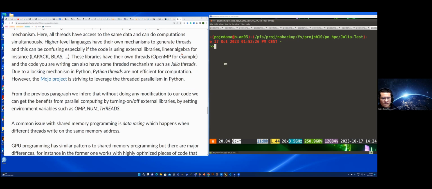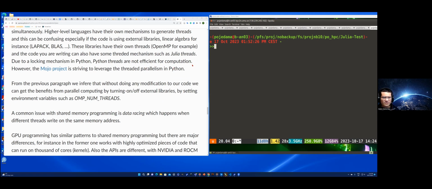I wrote here that in the case of Python, there are the so-called Python threads, and in general, due to a lock mechanism, they are not efficient for computation. However, I found a project called Mojo, right? It is striving to leverage the power of Python in the thread mechanism, and also with other techniques that make the Python code really fast.